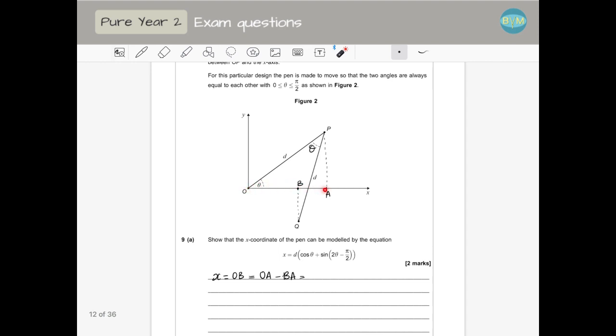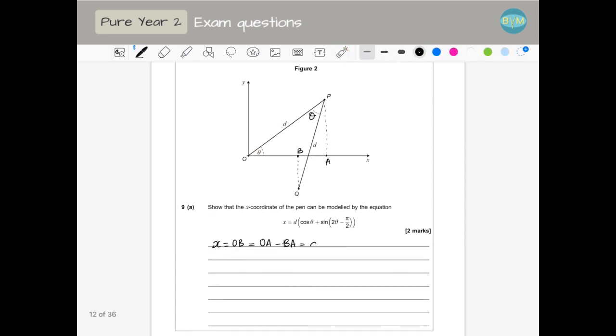OA, this one here, if you look at this right-angle triangle, is adjacent to the angle. So we can say that adjacent is the cos theta. So that one is the cos theta. And this distance here, we can look at these two triangles, or we can just think of a bigger triangle.